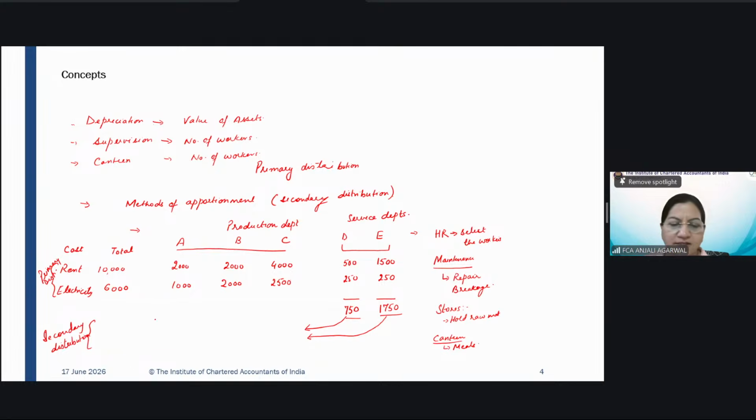This is known as secondary distribution. So this 750 must be again charged to Departments A, B, C, and 1750 should again be charged to Departments A, B, and C. This is called secondary distribution. There are different methods in which you can do the secondary distribution. The first method is the direct method.